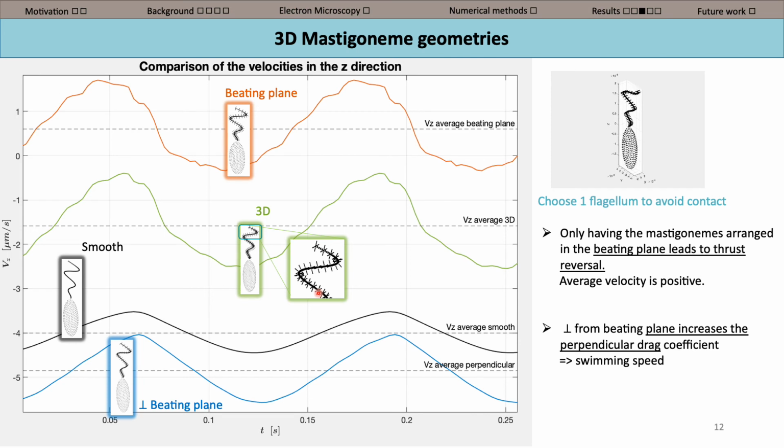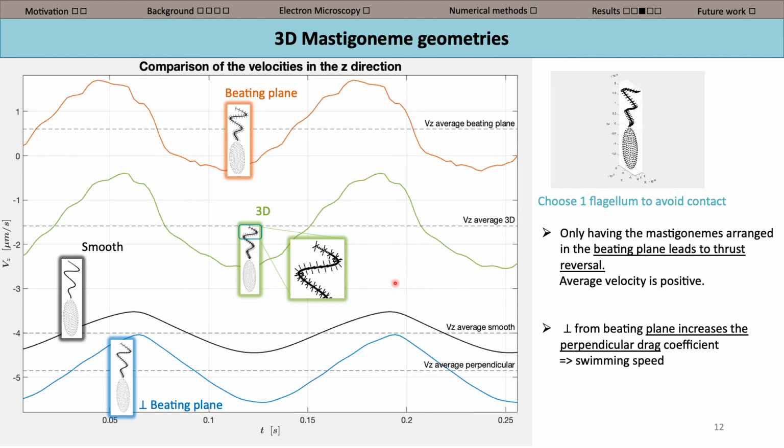As a result, we have, as expected, the same velocities as earlier. The smooth flagellum configuration is swimming downward. The configuration having the Mastigonemes perpendicular to the beating plane is swimming faster downward. And the one having them resolved within the beating plane is actually leading to thrust reversal, with this time an average velocity that is positive.